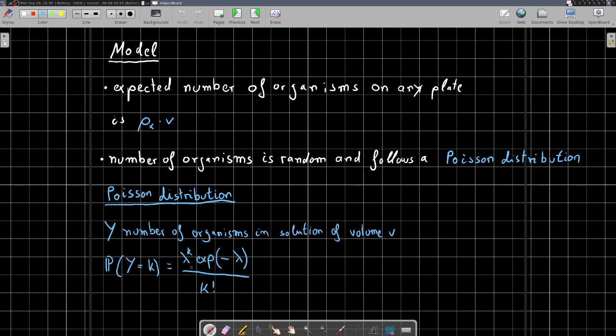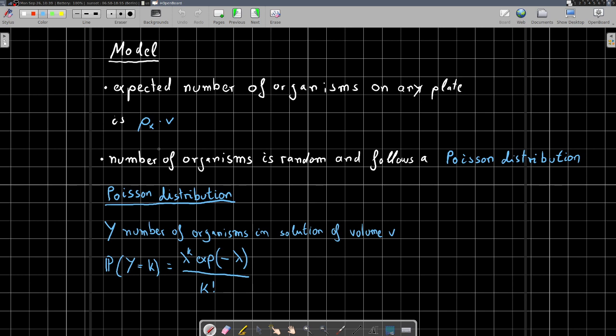Then let's come to the model now. So what we assume is that the organism is sort of uniformly distributed in that solution, and then we can make the assumption that the expected number of organisms on any plate is rho x times v.